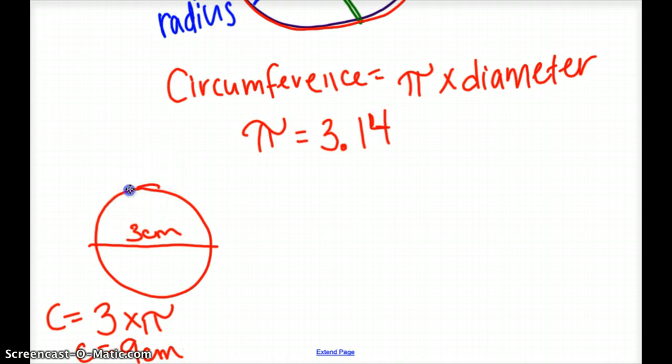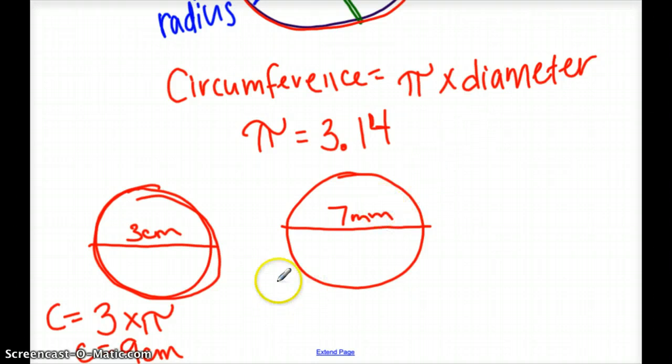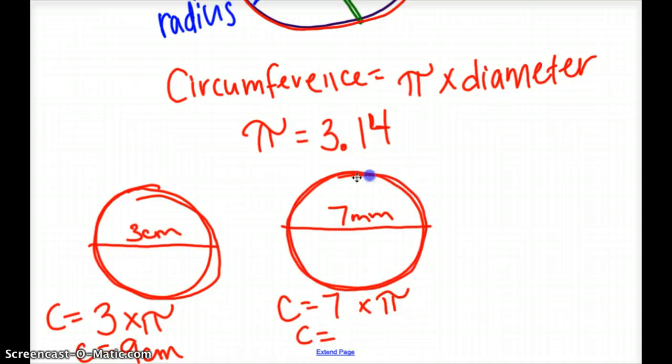So that means the outside edge is 9 centimeters around. If I had a circle and the diameter was 7 millimeters, then my circumference equals 7 millimeters times pi. So 7 times 3 would be 21. So my circumference, or the distance around the circle, would equal 21 millimeters.